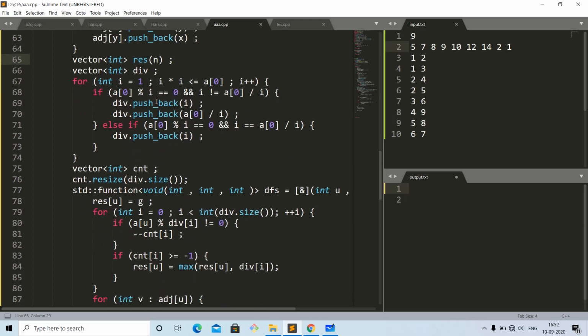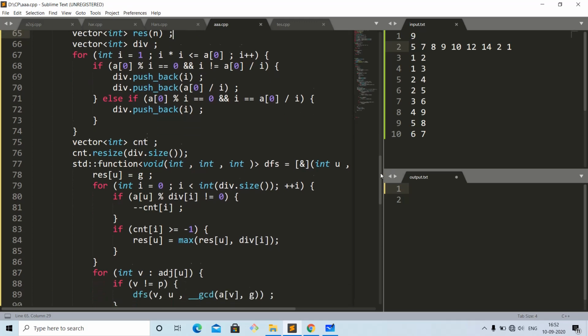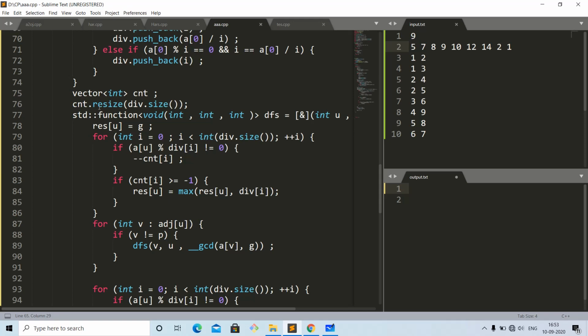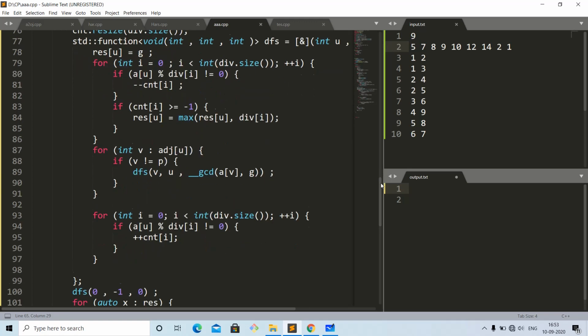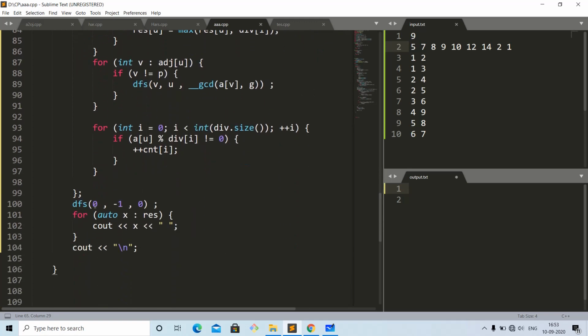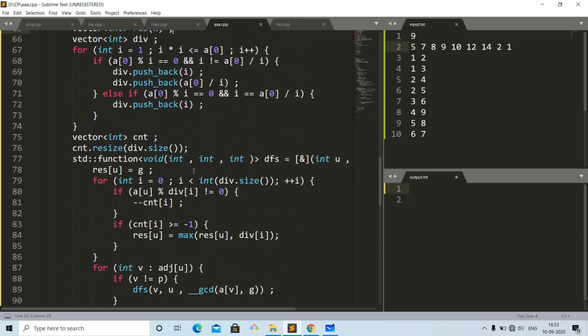If the number is divisible, we will push to the divisor array, and then further we will have this count array, and we will initialize the size of the count array to be the size of the divisor array, and the value of the count array at all the positions is 0. Then we will do the DFS traversal at the root vertex, which is 0, and we will initialize its parent as -1, and we will initialize the value of 0 as the GCD of the root.